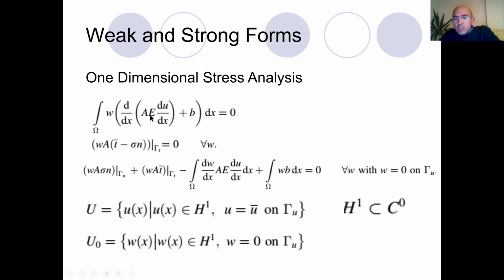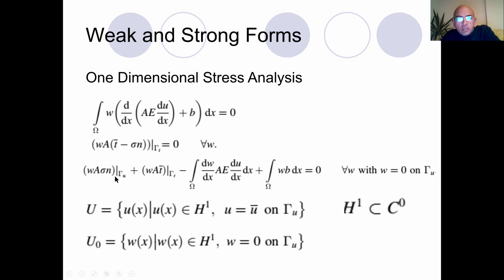A is the area, E is the Young modulus, du dx here, again, plus B. U is the displacement, and this is valid in omega. Now, at the traction boundary, we can say that W A T bar minus sigma n is equal to 0 over the traction boundaries.